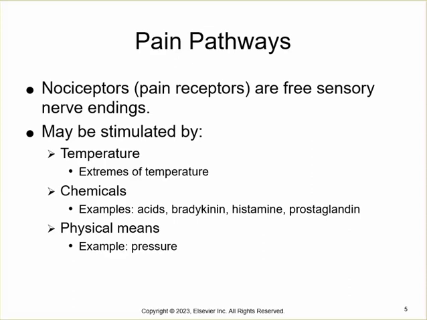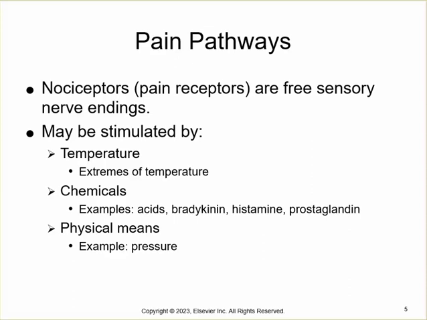So noci, noci means pain. So the receptors to pain are nociceptors. They are uncomplicated, just simple nerve endings of these sensory nerves. Things that set them off are really pain mediators.